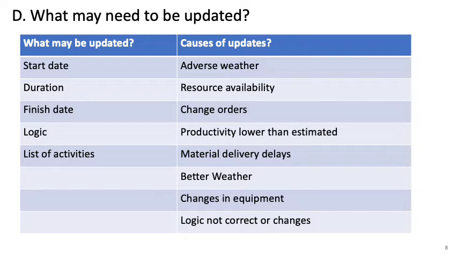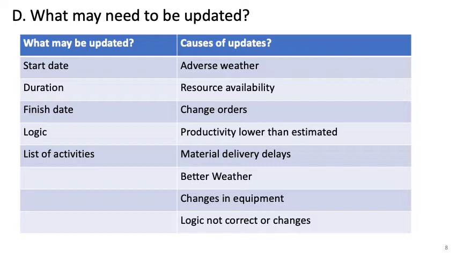Let's say you use better equipment, so the production rate would increase. Once the production rate increases, you have a shorter duration for some activities, and you have to update their durations. And then there is the logic, or correcting the logics on the schedule.